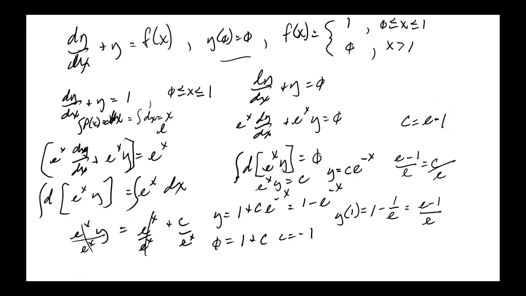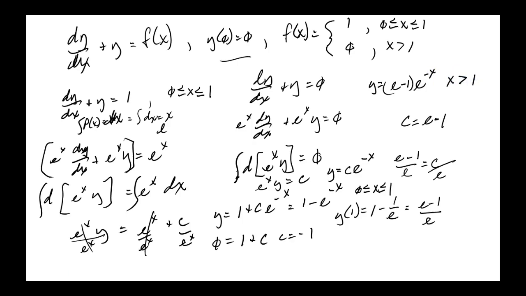Okay, so let's plug that in, and this is the function y equals 1 minus e to the minus x when 0 is less than or equal to x is less than or equal to 1, and y is equal to e minus 1 times e to the minus x anytime x is greater than 1.